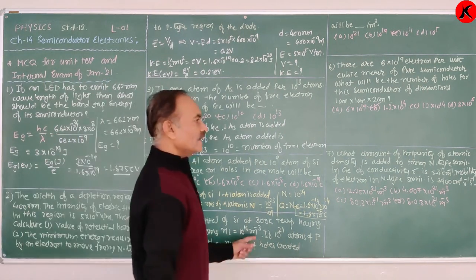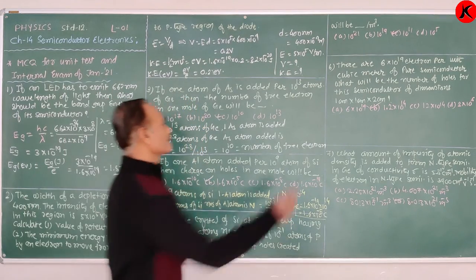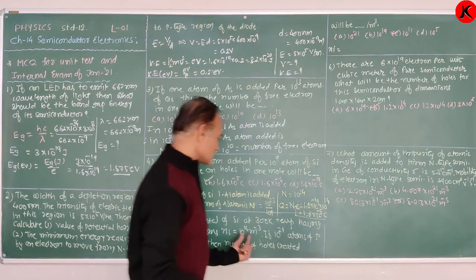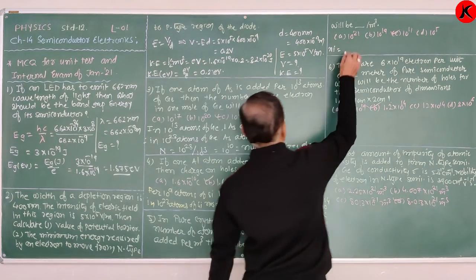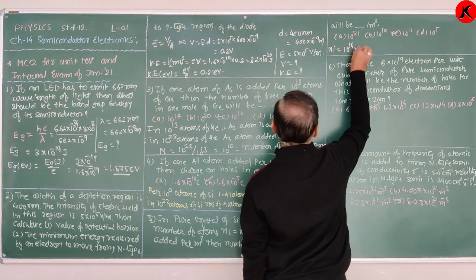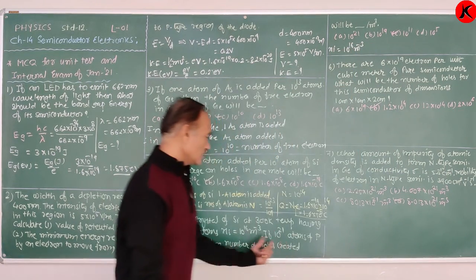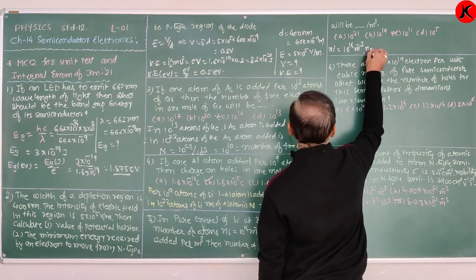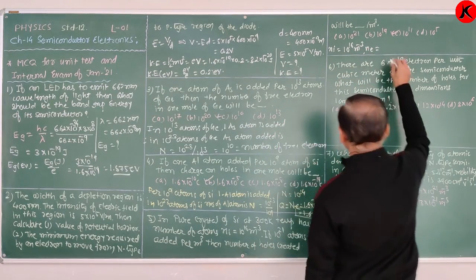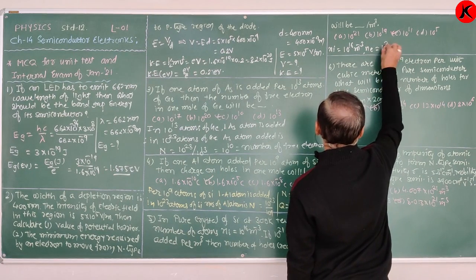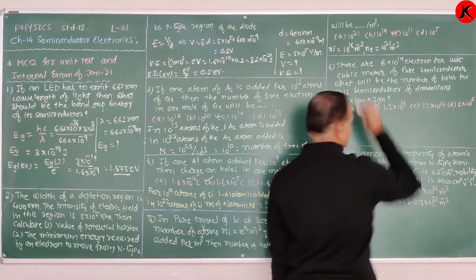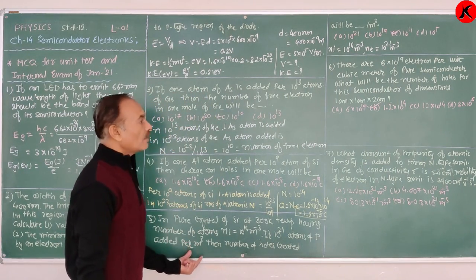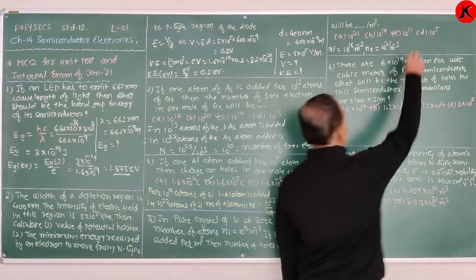Now we know that Ni is given, the intrinsic charge density 10^16 per meter cube, and also due to the phosphorus, the number density of the electron Ne is 10^21 per meter cube. Now we have to find out the number of holes created per meter cube.